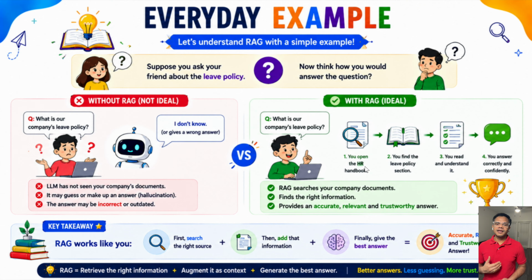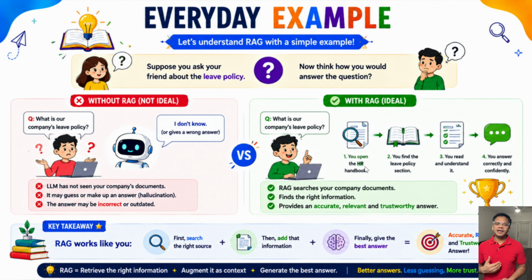All right. So now let's understand the three words in RAG. Retrieval simply means finding the right information. It could be searching a PDF, a database, a website, or company documents. Augmented means adding extra context, the information that was retrieved is added to the user's question.